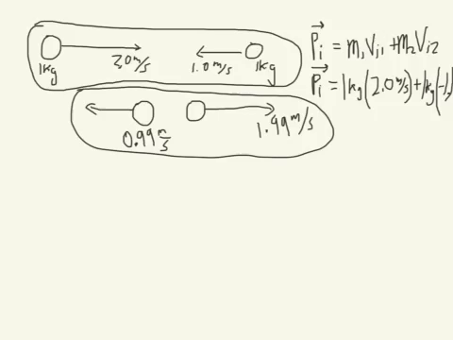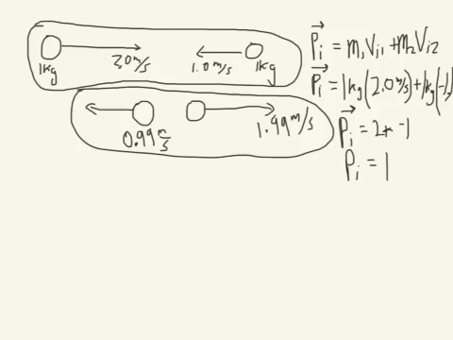Okay, for the lack of space, I'm just going to leave that as 1, but we know it's negative 1 meters per second. And we just add those two terms together, and for our initial momentum, we get 1 times 2 is 2, plus 1 times negative 1 is negative 1, and the initial momentum of this two-ball system is therefore 1.